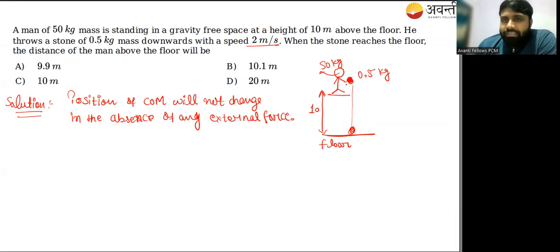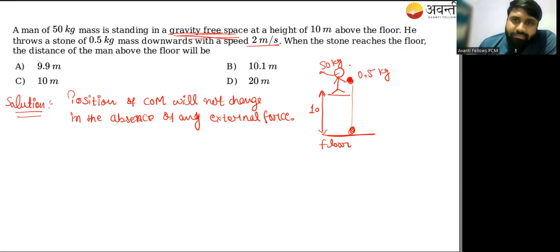Because there is no gravity, only the gravitational pull could act as the external force, but it is absent here because this space is gravity free. So there is no force, which means after throwing the stone, the center of mass will not change.